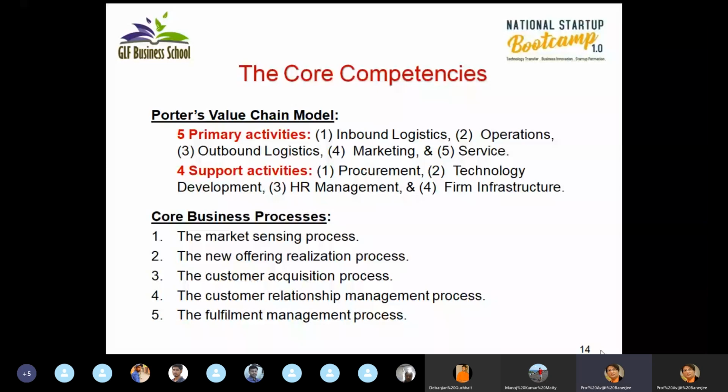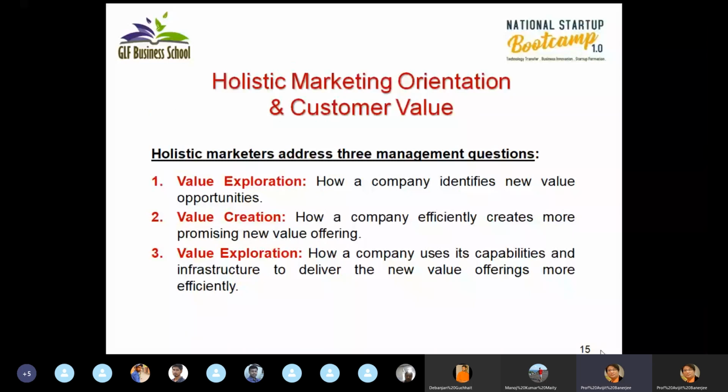Now, I am going to my next topic, holistic marketing orientation and customer value. One view of holistic marketing sees it as integrating the value exploration, value creation, and value delivery activities with the purpose of building long-term, mutually satisfying relationships and caring among the key stakeholders.